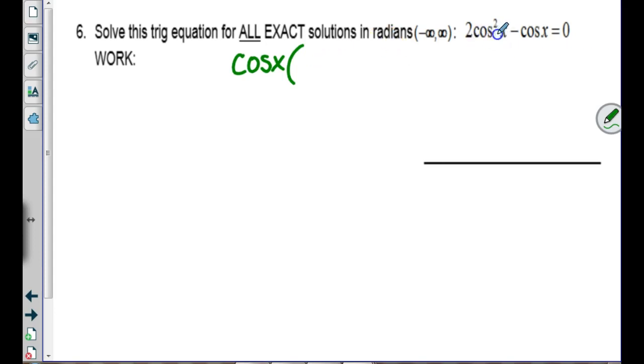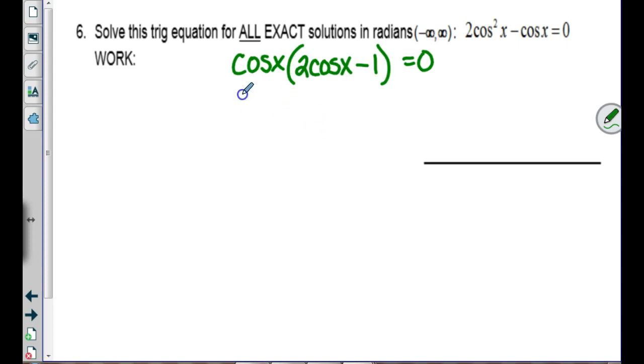If you divide out a cosine from here, you'll still have a 2 and a cosine. And you divide out a cosine from here, you'll have -1. So that if you were to FOIL this back in or distribute this back in, you'd have 2 cosine squared minus cosine. Don't factor it wrong, because then you're done.